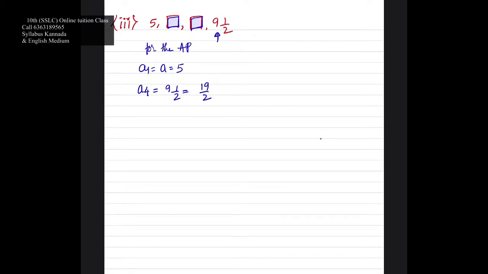Okay. So students, now we know the formula, that is an equals a plus n minus 1 into d.